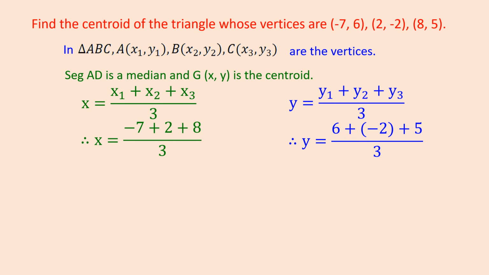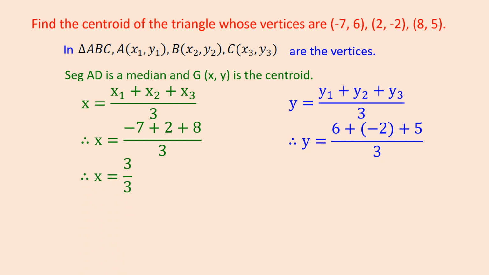I hope you remember that first we write down the x1 value, y1 value, x2 value, y2 value, x3 value, y3 value. It is still preferable that you write them down and then solve further. Clear? Now we will simplify x.